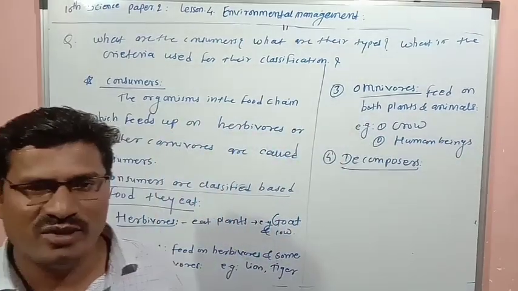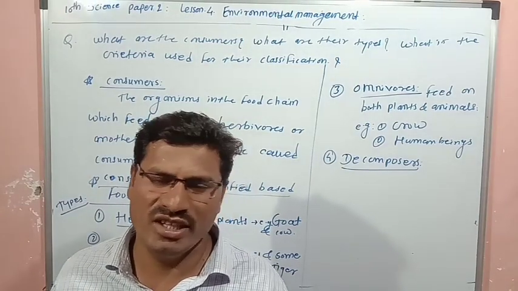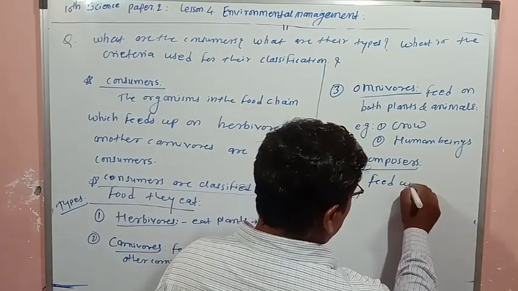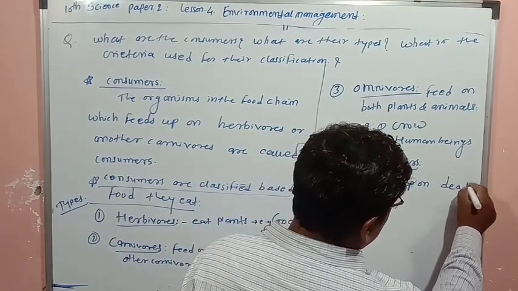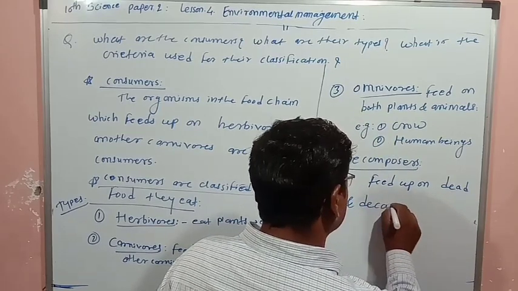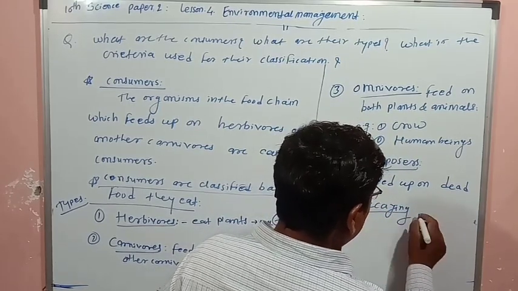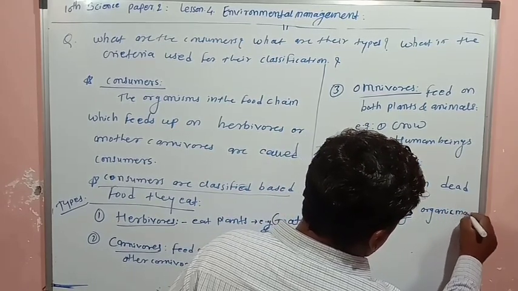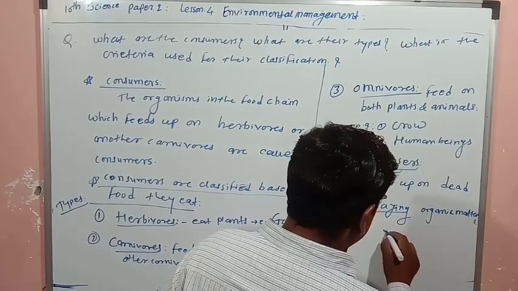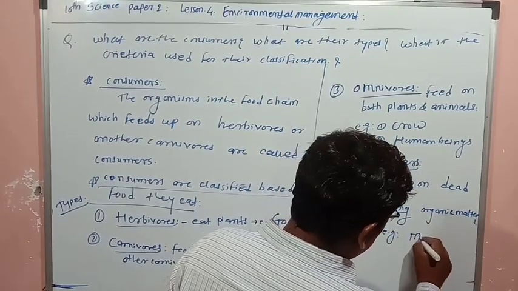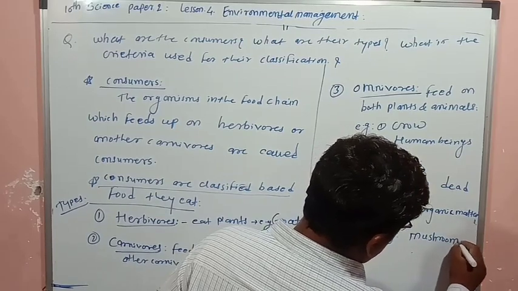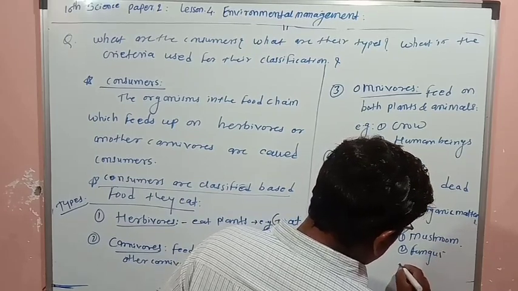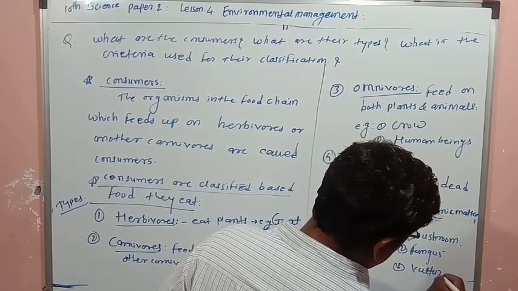The organisms which depend upon or feed upon dead and decaying organic matter are called decomposers. Examples are mushroom, fungus, and vultures also.